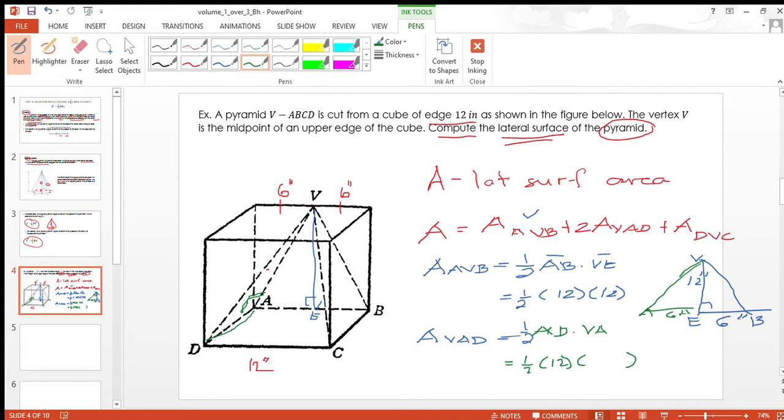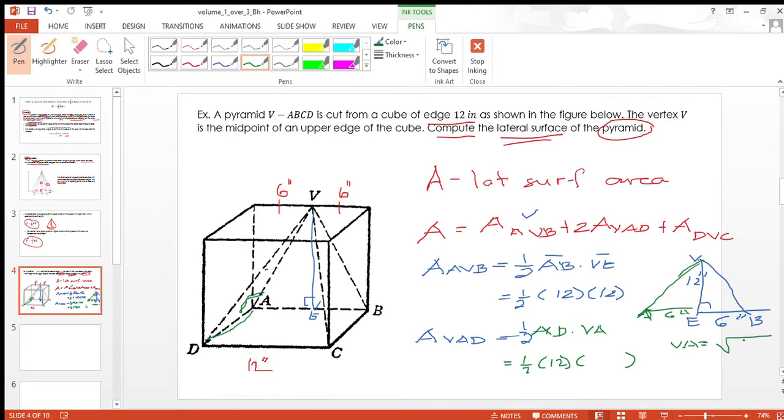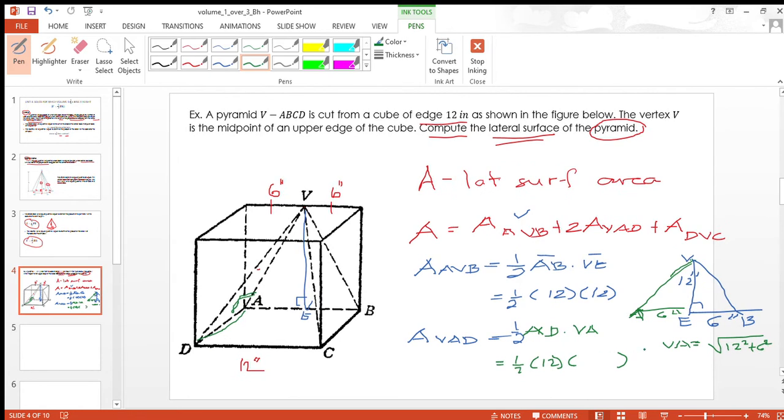What will be our VA? Let's look at this triangle here. By Pythagorean theorem, VA is the hypotenuse of that right triangle there. So this must be 12 squared plus 6 squared. So you now have the value of VA from here. Just insert that value.